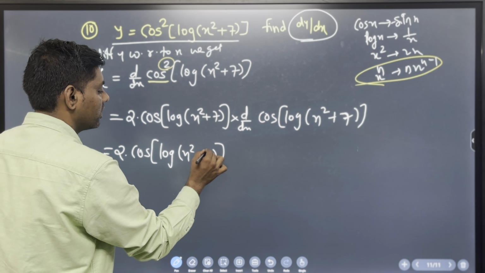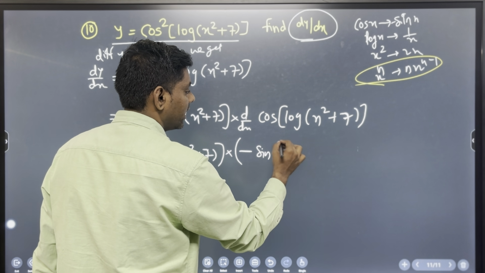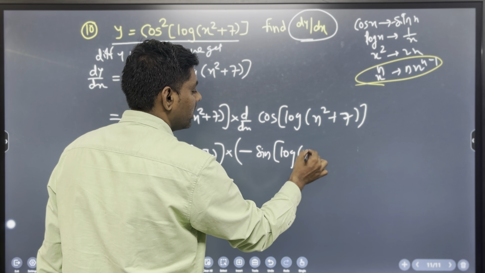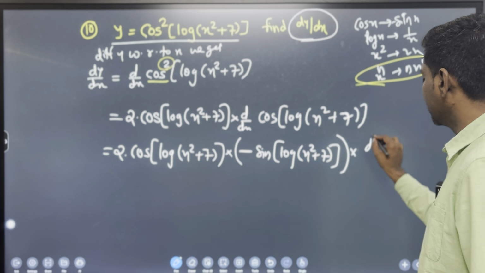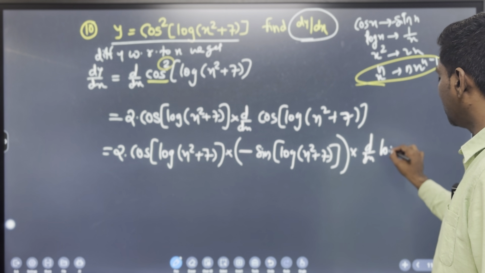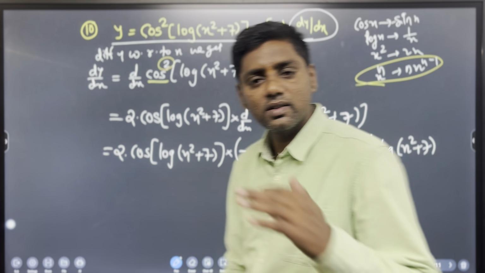So according to that formula, we can solve the derivative of the given function. What is the derivative of cos? That is minus sin of, write down the bracket as it is, log x square plus 7, bracket complete, and then the derivative of log of x square plus 7. What is the derivative of log of x? That is 1 upon x.